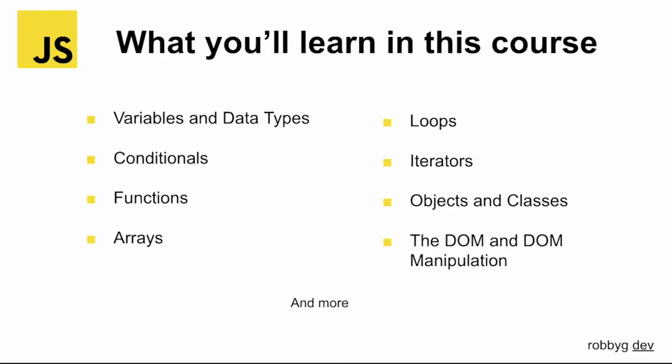So some of the topics we'll be covering in this course are variables and the different data types, conditionals such as if, else, and switch statements, functions, arrays, loops, iterators, object literals, classes, the DOM, and even DOM manipulation, and much more.